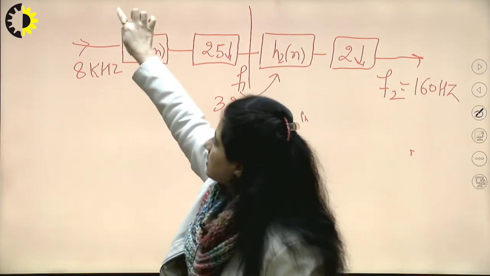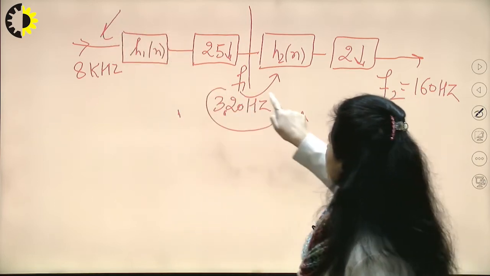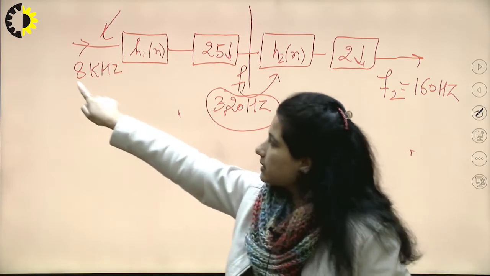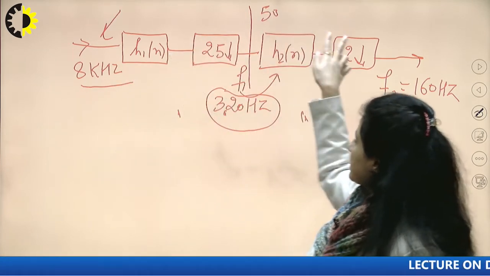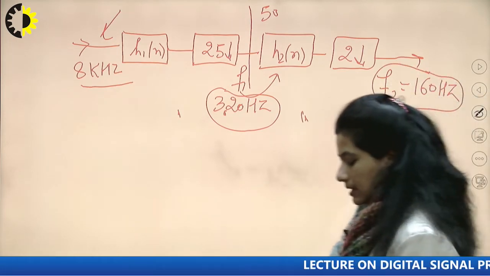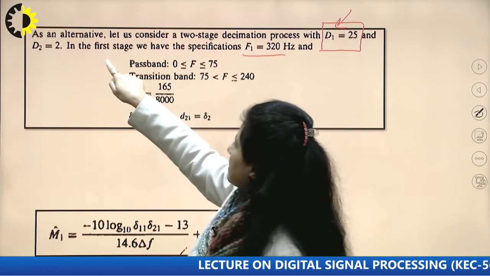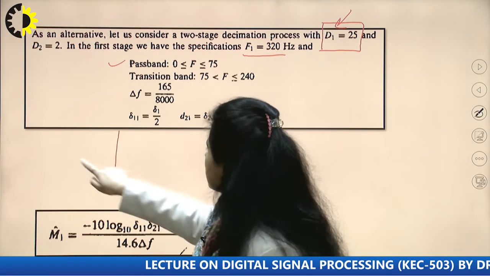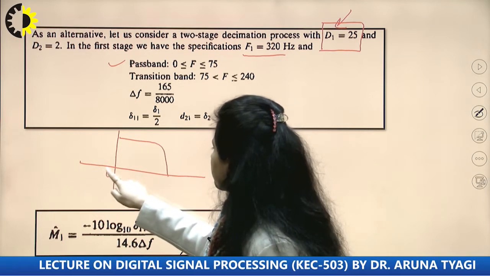For the first stage, this is the input frequency. For the second stage, this is the input frequency. And after decimating 8 kilohertz by 50, once these 2 stages have been implemented, the output frequency would be 160 Hertz. So let us calculate the order. For the first stage, the passband is 0 to 75 as it was desired.